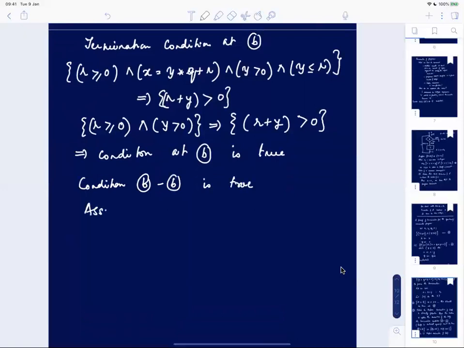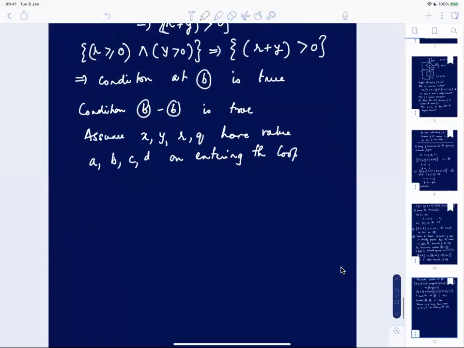Assume x, y, r, q have values A, B, C, D on entering the loop. So this is going to lead to your E naught. So this is basically x, this is y, this is r, and this is q.